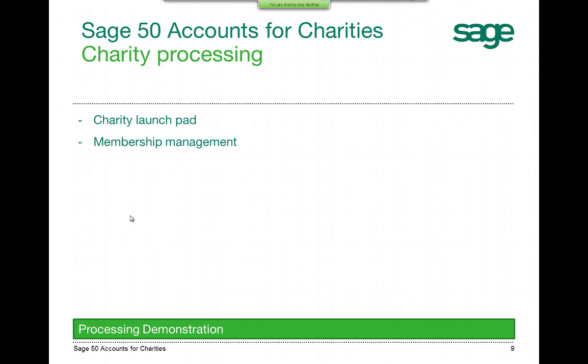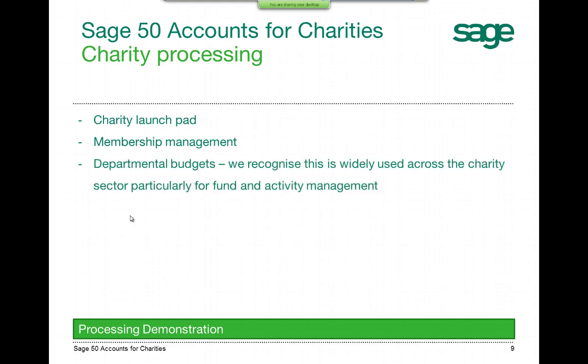Also how to manage all the membership, so just show you how to set up all your donors and members as part of the charity. You can also use departments within the charity as well, so you can also set up departmental budgets. So if you want to be quite specific and provide that kind of added value to your clients as well, you could either obviously manage it for them, or you could go out and provide some training from that point of view.